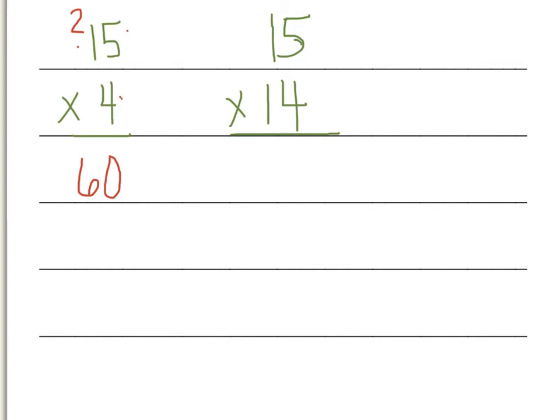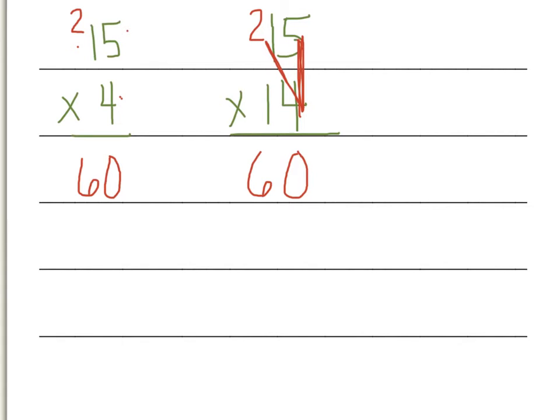I'm going to say 4 times 5. 4 times 5 is 20. Carry my 2. 4 times 1 is 4 plus 2 is 6. Now, if I were to erase that 1 from the 14, you would see that is 15 times 4.